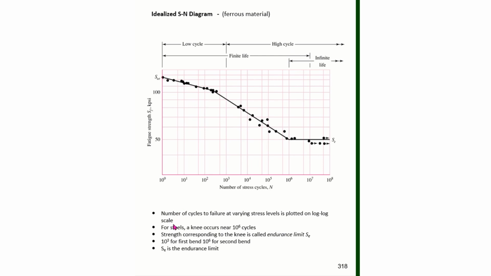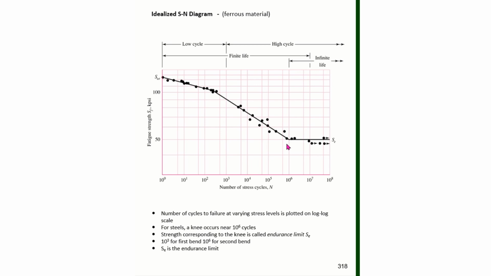You'll note that the number of cycles to failure at varying stress levels is plotted on a log-log scale. So both axes here are on a log axis. For ferrous materials, a knee occurs here. The endurance limit occurs at 10 to the 6th.